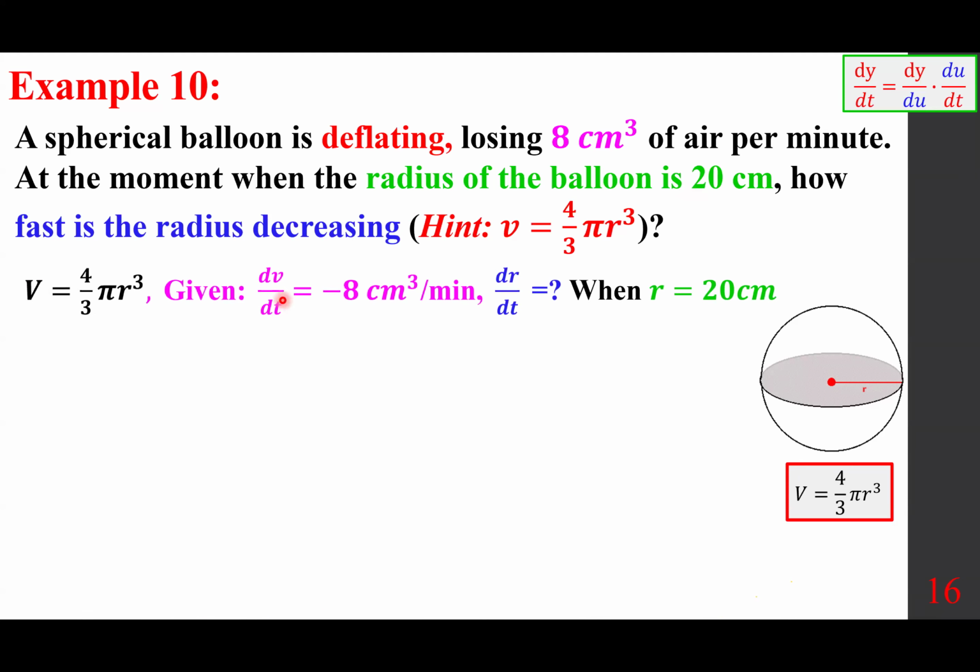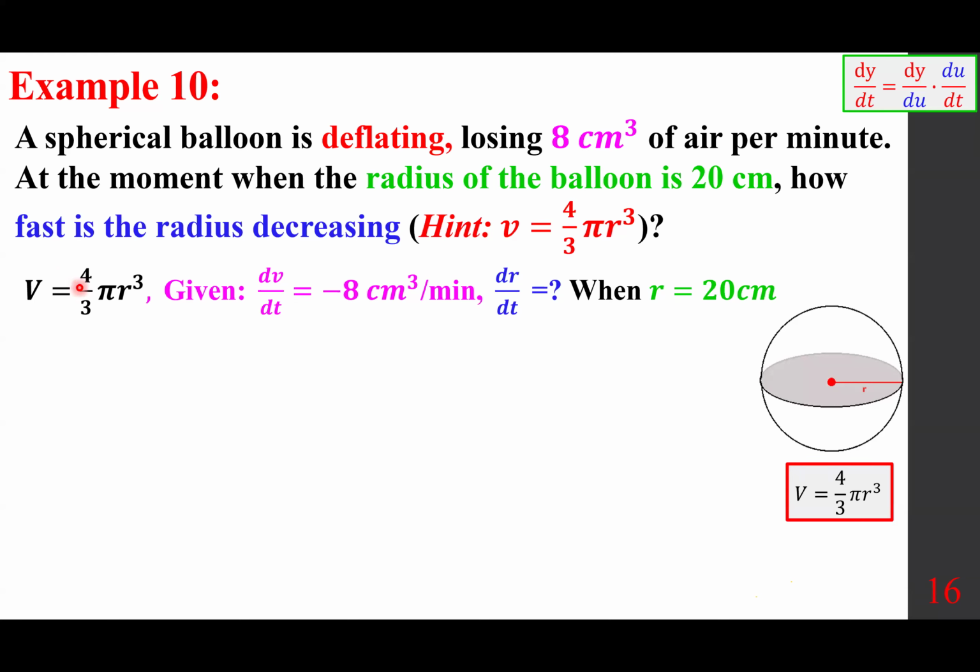So this is the translation of the entire question with the addition of the formula that we should know. The volume is 4/3 pi r cubed. dV/dt is negative. Why negative? Because it's deflating, losing, minus 8 cubic centimeters per minute. We want dr/dt when the radius is given to be 20 centimeters.